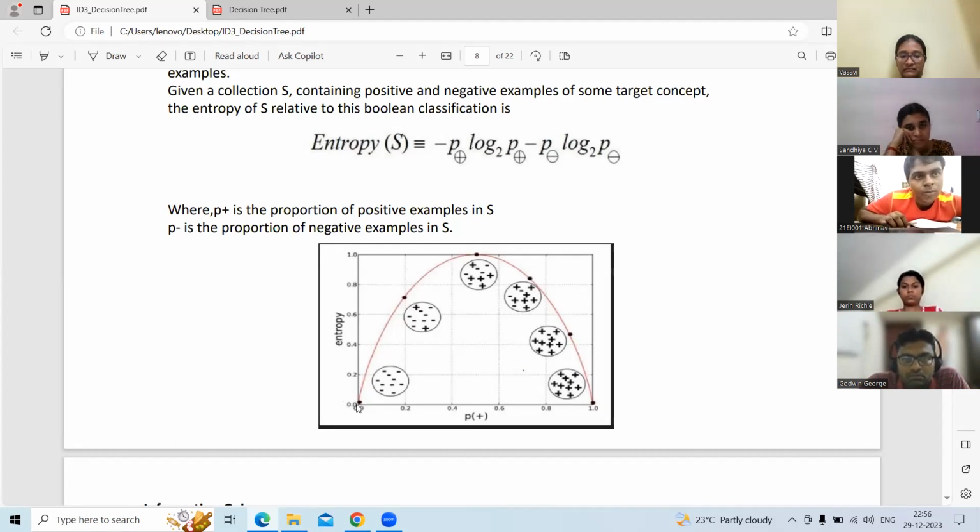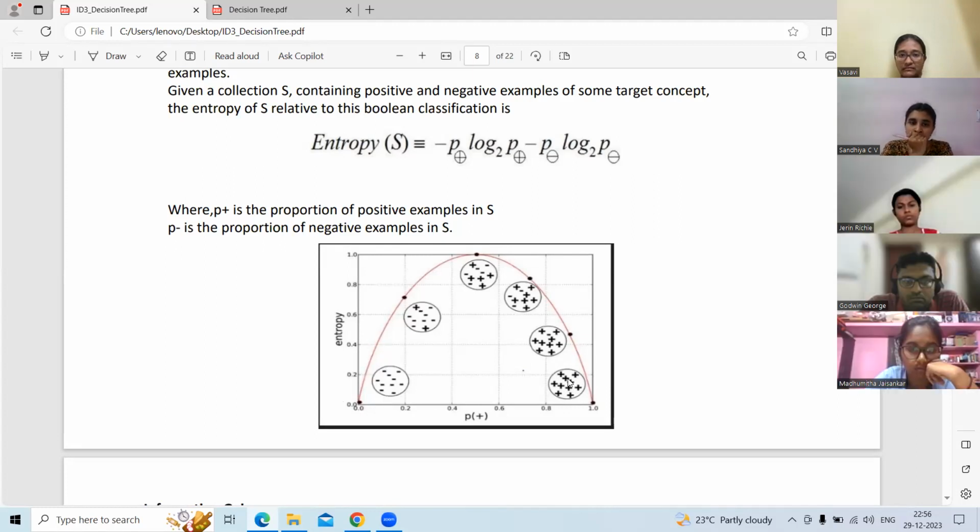We know the complete information: whatever you take, you know it belongs to the negative class only, and here, whatever you draw, you know it belongs to the positive class. So you know the actual information. There is no uncertainty in the data. This is where entropy is 0.